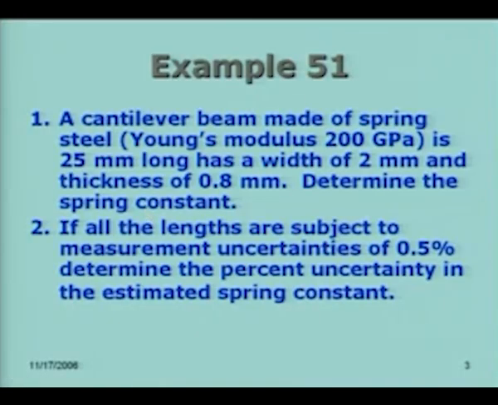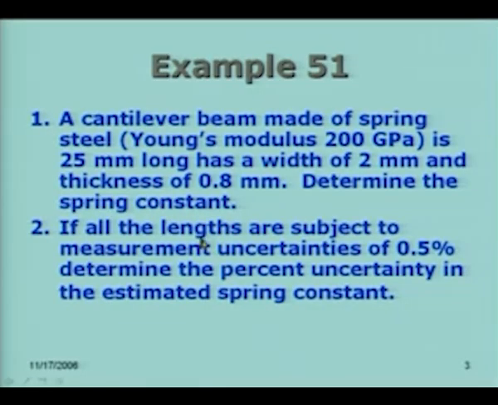So, let us look at an example to bring home some of the ideas. I take the case of a cantilever beam, which was given as an example in the last lecture. It is made of spring steel whose Young's modulus is 200 gigapascals. GPa stands for gigapascals, that is 10 to the power of 9 pascals.